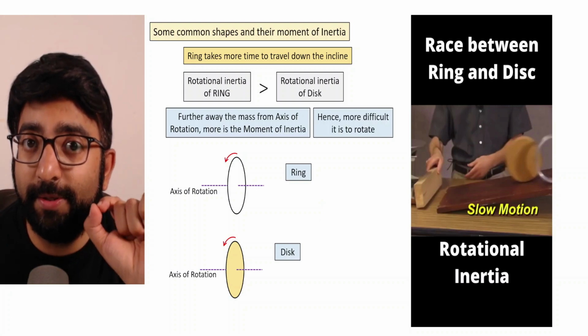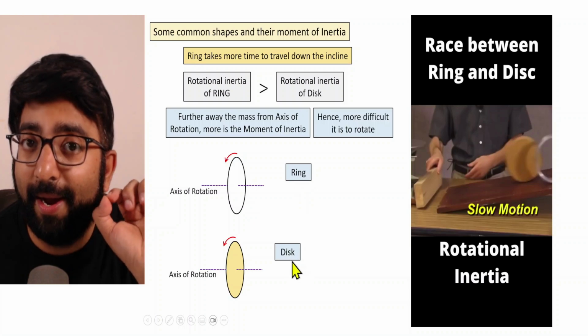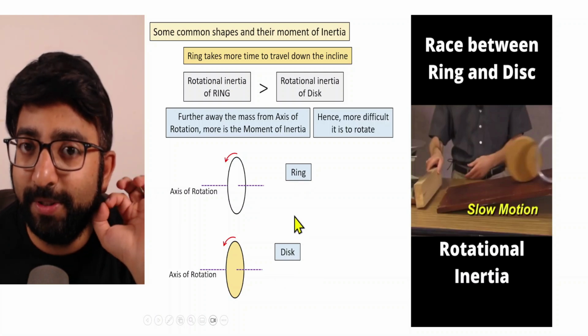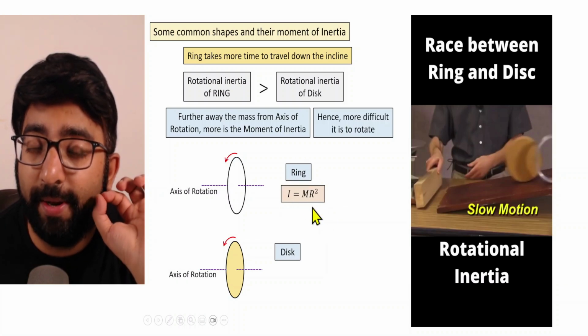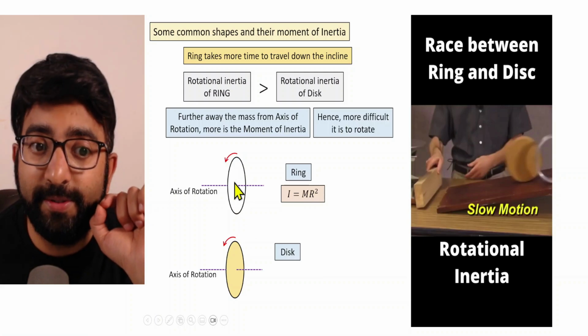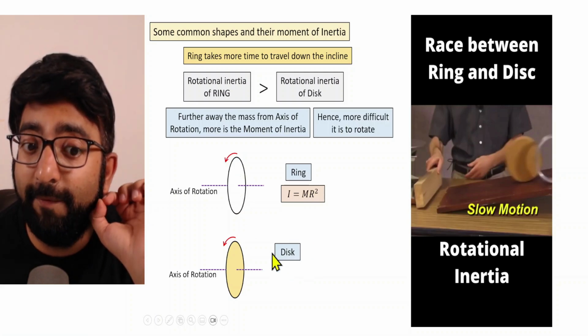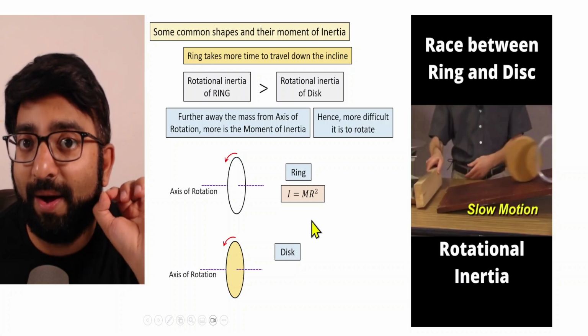But in the exam questions, you should know the formula for the moment of inertia of a ring and the moment of inertia of a disk. So just remember the formula. Moment of inertia for a ring is MR square, where capital M stands for the mass of the entire ring and R is the radius of the ring. Similarly, for the disk, moment of inertia is slightly different. It is actually half.